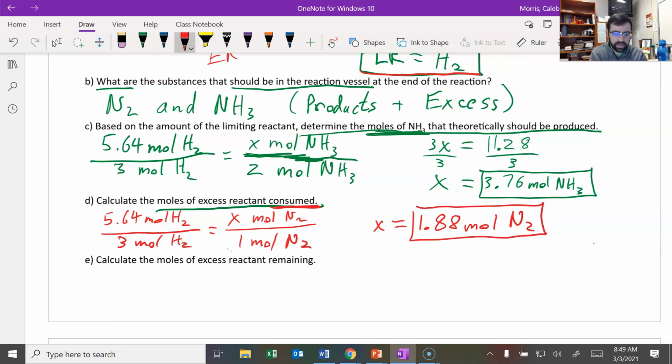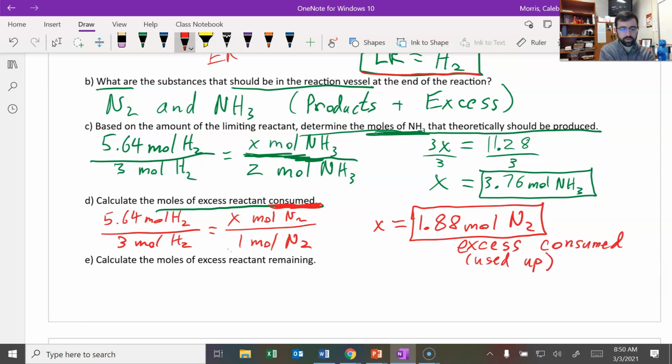Whether you cross multiply and divide or whether you do what I just did, you're going to get that same answer. Finally, now remember it just asks for the moles of the reactant consumed, okay? So that was the excess that was consumed. Or in other words, it was used up.